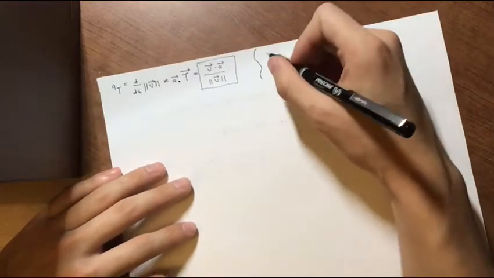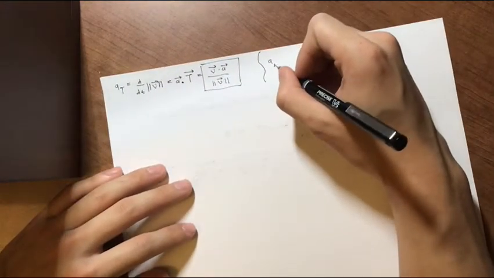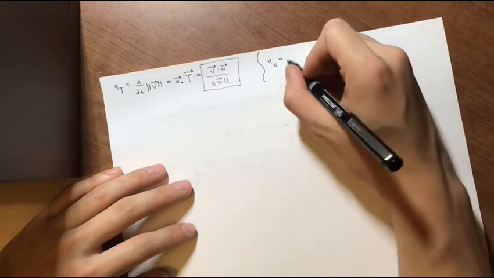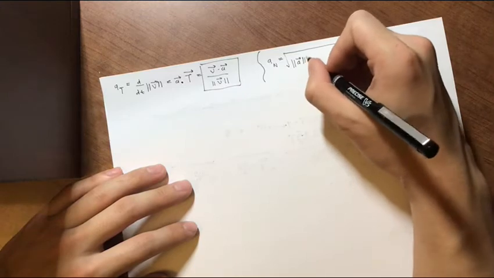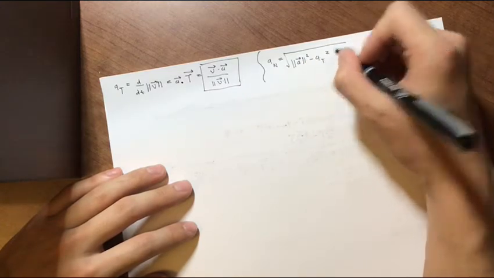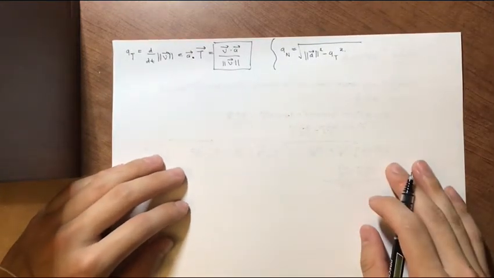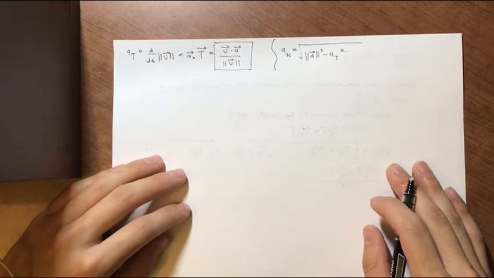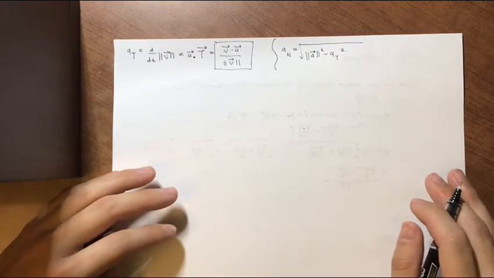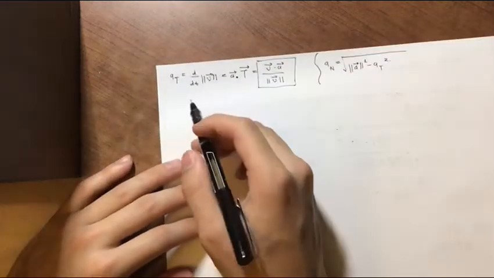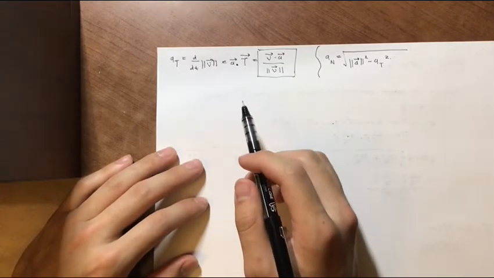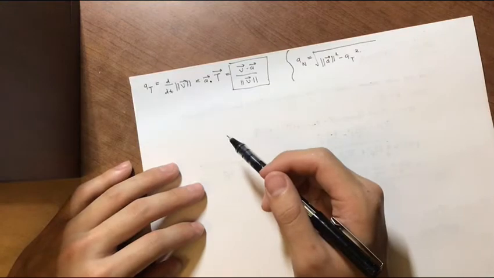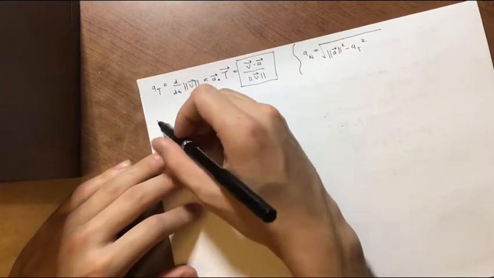Now, the normal component is given by this: the square root of the magnitude of the acceleration vector squared minus the tangential component squared. Now that we figured out how to find the tangential component and the normal component of a given position vector, let's find the normal vector of a given position vector.